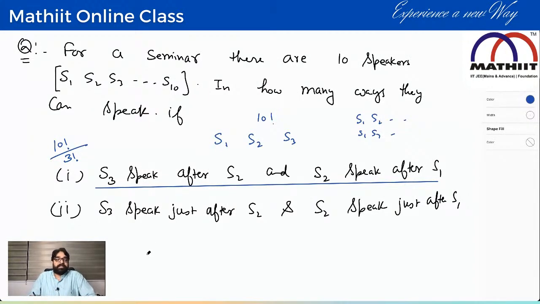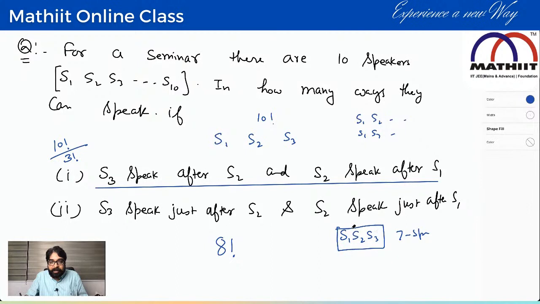Now, what is the second bit saying? S3 speak just after S2, S2 speak just after S1. Means S1, S2, S3 should come like this. So they should always come together. They become one box. Yes or no? And next, the other 7 speakers. So this is 1 object plus 7, 8 objects. So 8 factorial into internal arrangement of S1, S2, S3. Not allowed, because S2 has to speak just after S1 and S3 has to speak just after S2.